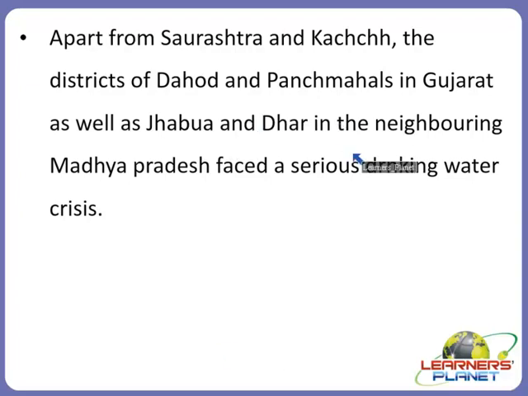And with little water for irrigation, the first casualty has been agriculture. After the kharif crop, which is harvested in the autumn season, failed to a large extent in those areas, there are already signs that the rabi crop will suffer a similar fate if drought happens in this way.